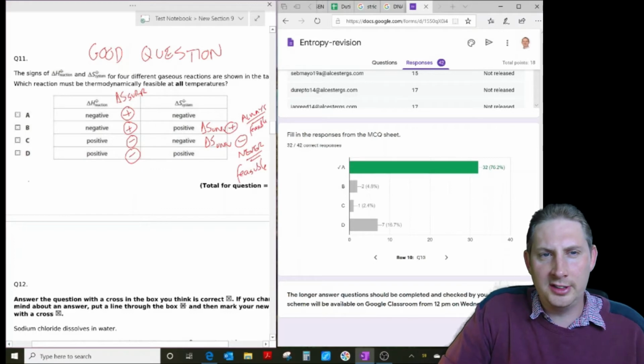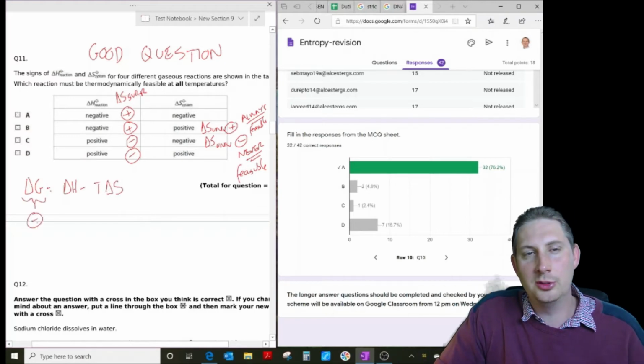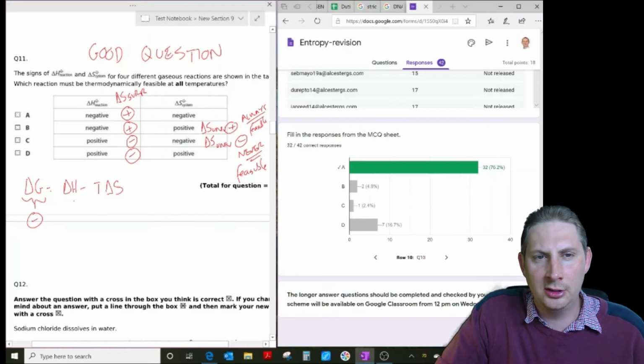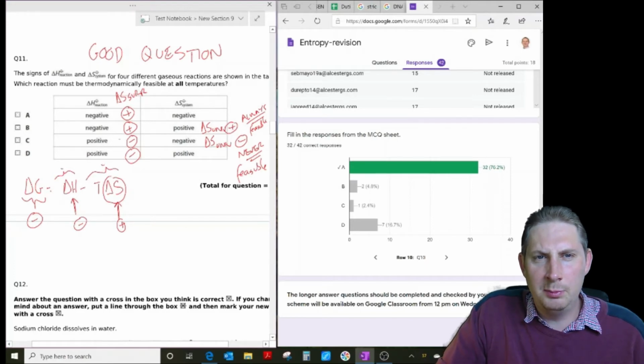The other way we could have looked at it is delta G equals delta H minus T delta S. And if we want this to be negative, because of course delta G is negative in a spontaneous reaction, we want T delta S to be a positive value, so that bit's negative and that bit's negative, so negative, positive, negative, positive, B again.